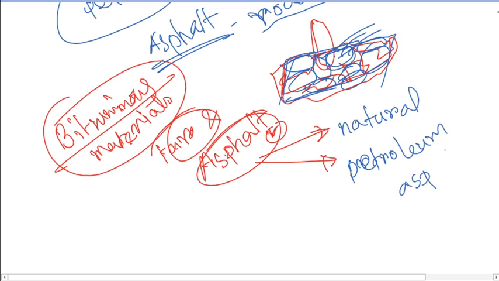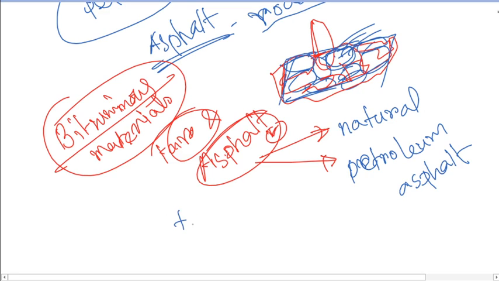So they can be processed from petroleum. I think you might know about this process, how these asphalts can be obtained from the processing of petroleum.